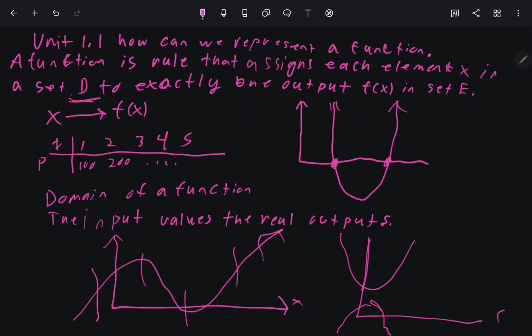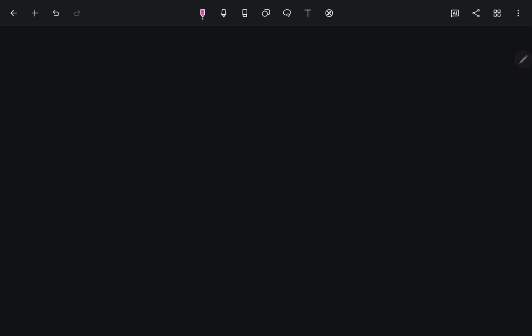If you draw a straight vertical line up and down, and it intersects a graph at more than one point, then it's not a function. Now, if you look at this hyperbola, you can draw a straight line, and it does intersect more than once, so it is not a function.